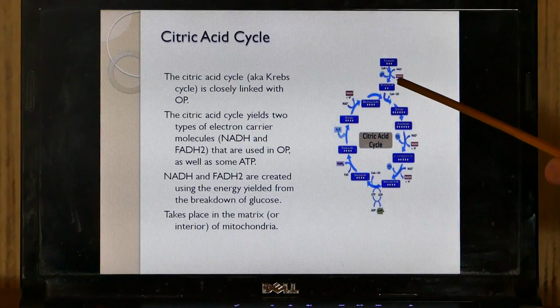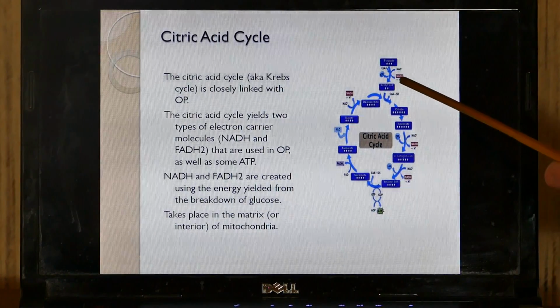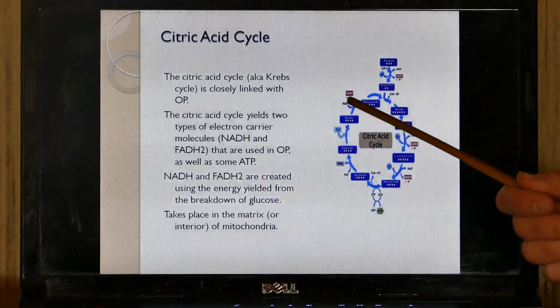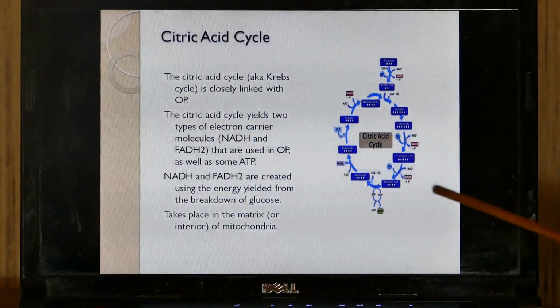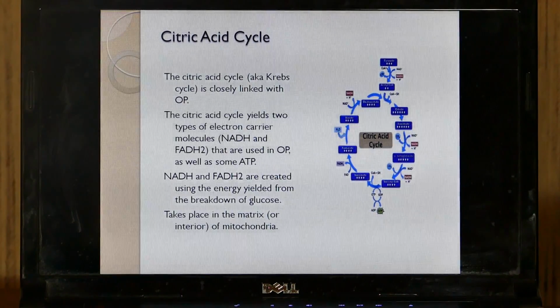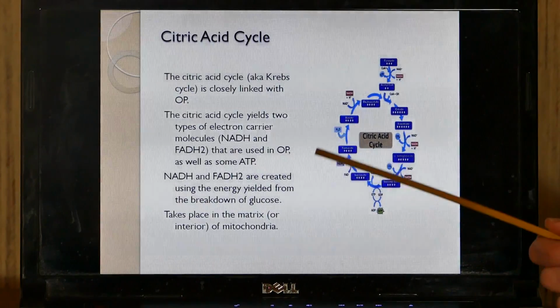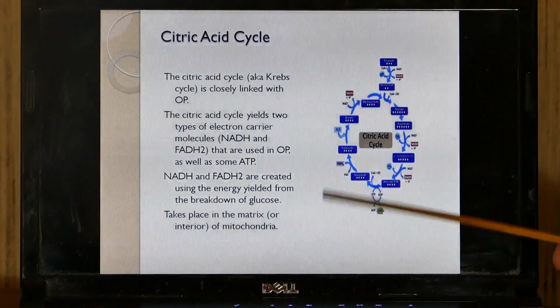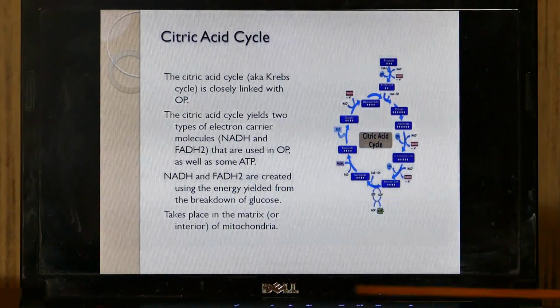And we see these red rectangles indicating a molecule called NADH. Right here and here and here, and these are electron carrier molecules that are created and are needed for OP.